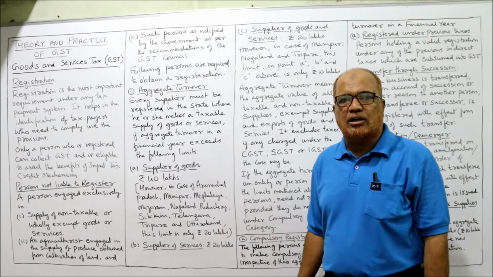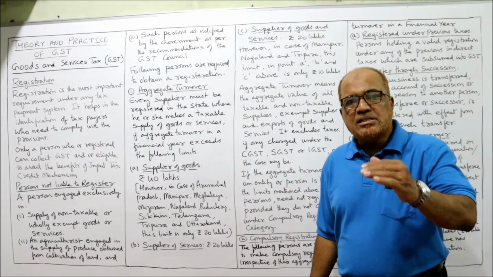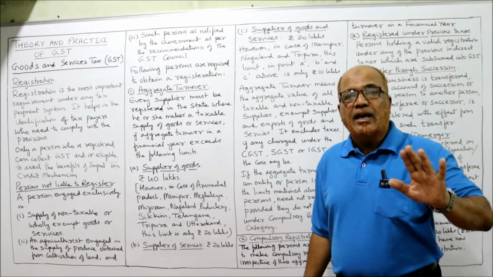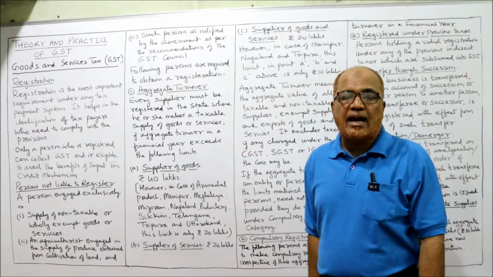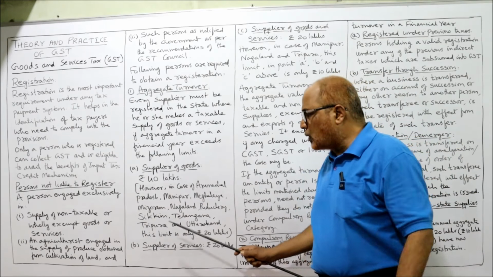get themselves registered. In some states, the limit is up to 20 lakh. That means if the turnover is more than 20 lakh, they should get themselves registered. In other states, more than 40 lakh, they should get themselves registered. So which are the states where the limit is 20 lakh?